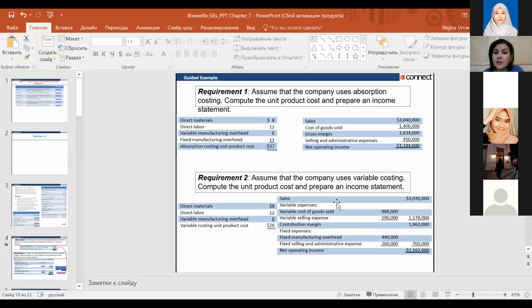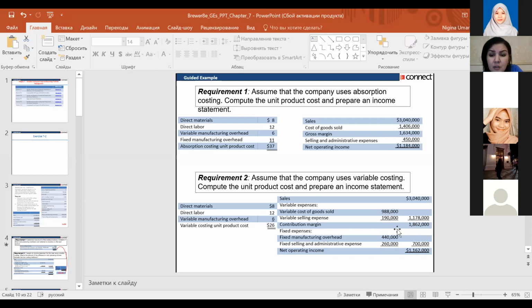So this statement under the variable costing system is more useful for managers for internal use. They see how costs behave, how variable costs change, whether the contribution margin is enough to cover fixed costs. If it's more than fixed costs, then the company will make a net operating profit.